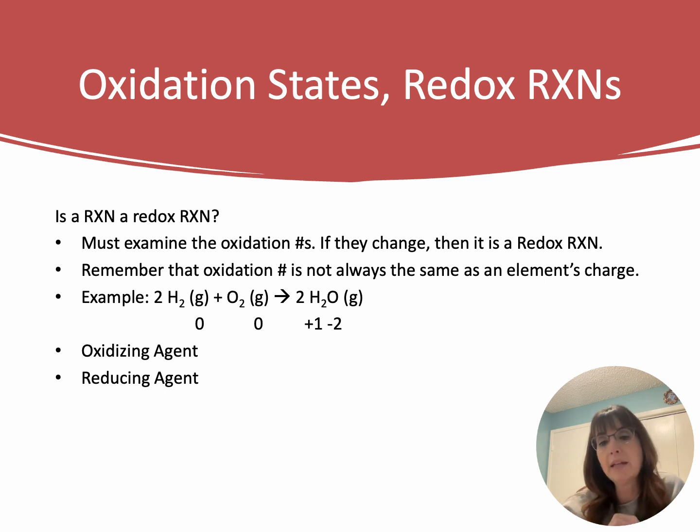But if you look at an element and it is in its elemental state, it has a charge of 0. What do I mean by that? If it just says magnesium solid, that's how magnesium occurs in nature. It has a charge of 0. O2, oxygen gas, that's how it occurs in nature. It has a charge of 0. H2 has a charge of 0. But if you look at that example in water, they're together.